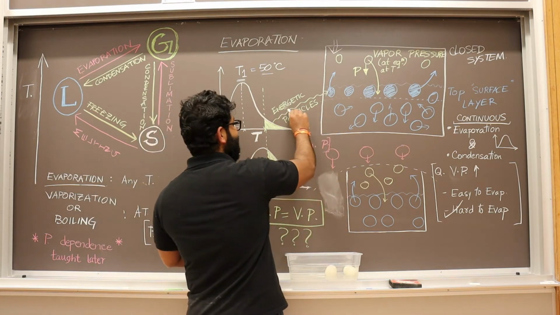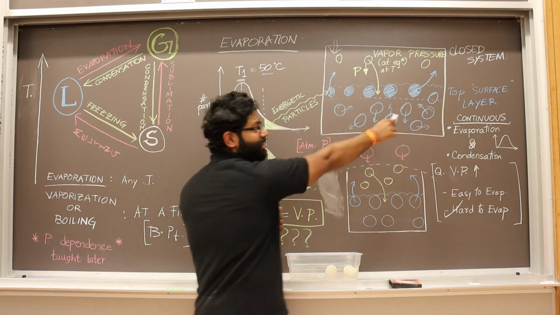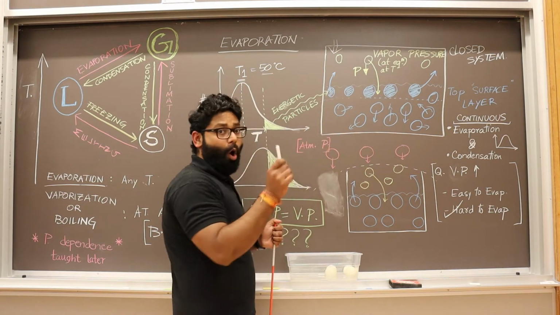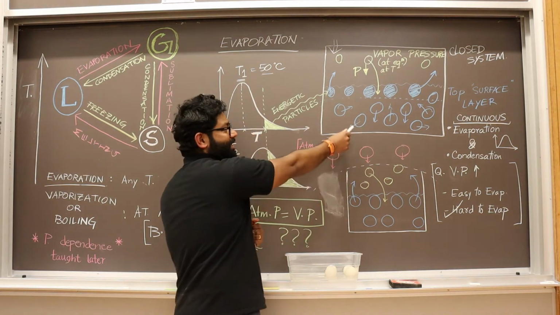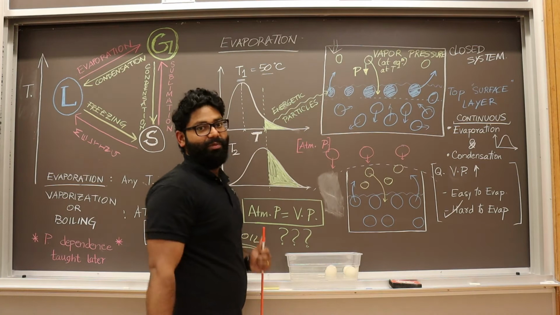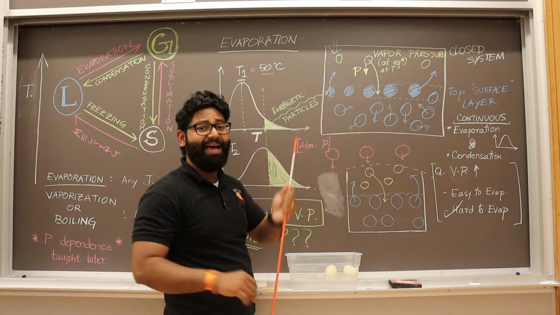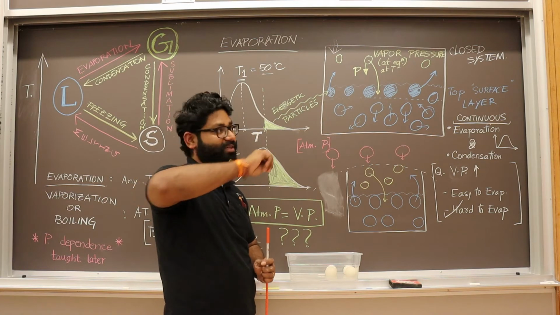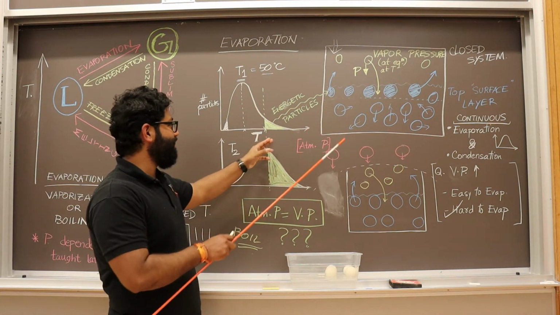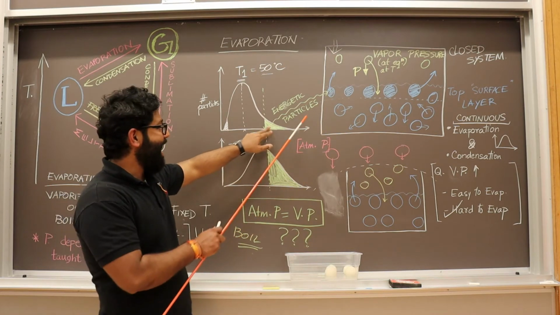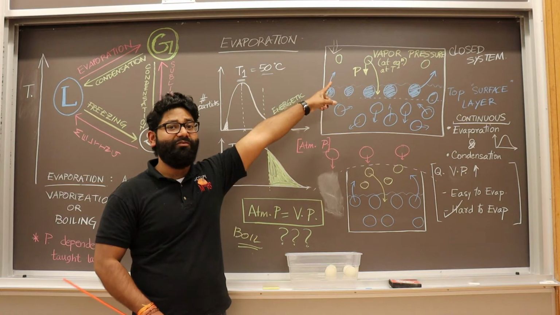Now, these energetic particles, if they are at the top surface layer, because even if a particle has more energy, it will bounce with all these other particles. The ones at the surface have the chance to break free from the surface and go to the gaseous state. Some of these might be highly energetic and might cross a barrier that allows them to move into the vapor phase.